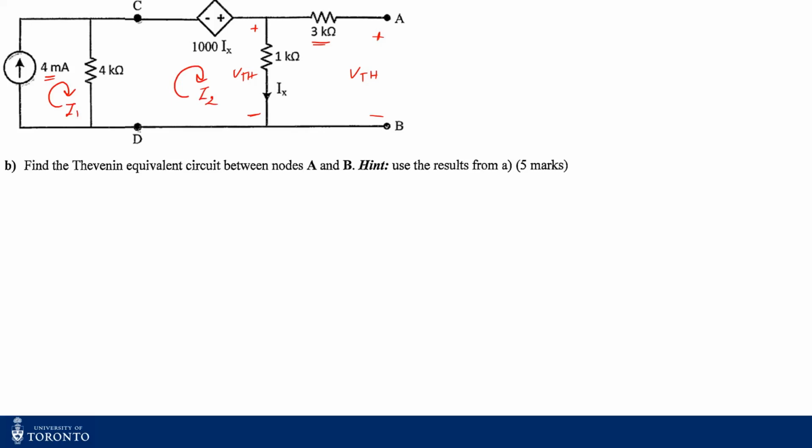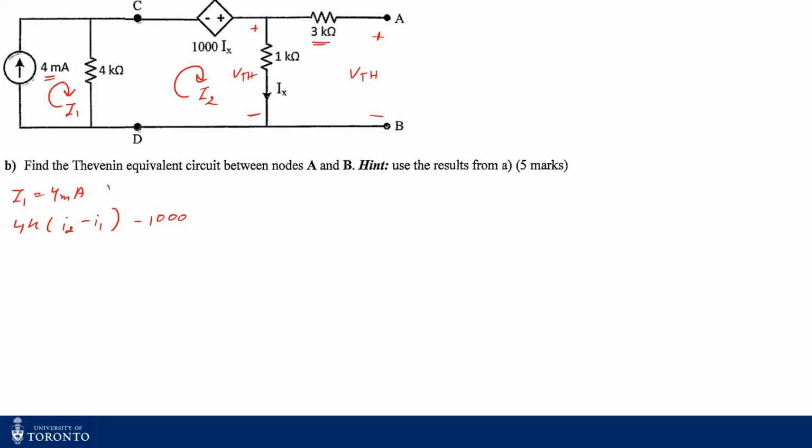So once I do the mesh analysis, I know my I1 is 4 milliamps, right? And if I write the mesh equation for loop 2, assuming I2 is greater than I1, I get this equation: 4K times (I2 minus I1) minus 1000 Ix, and since my Ix and I2 are in the same direction, because no current is going to the 3 kilo ohms, my I2 and Ix are the same.